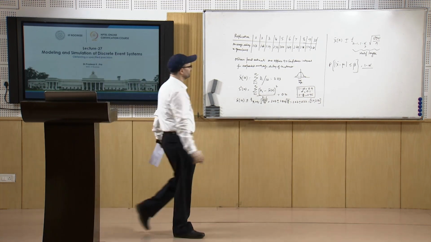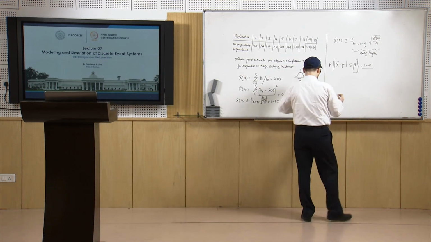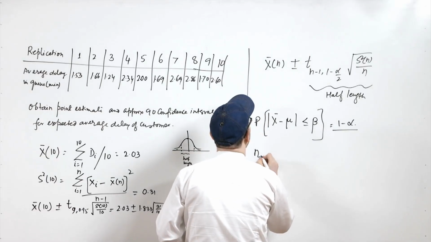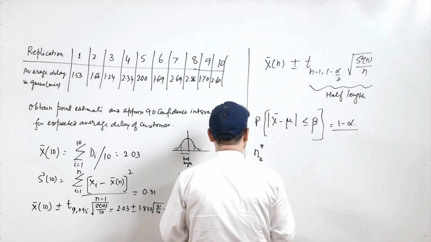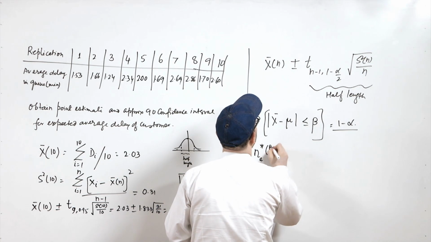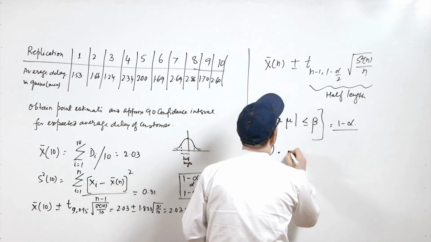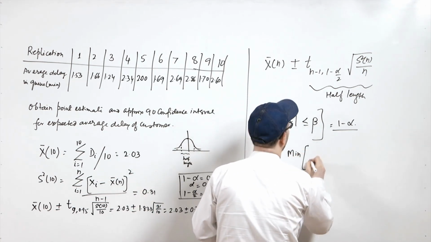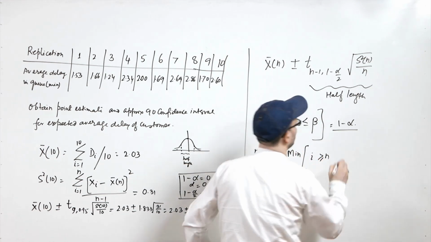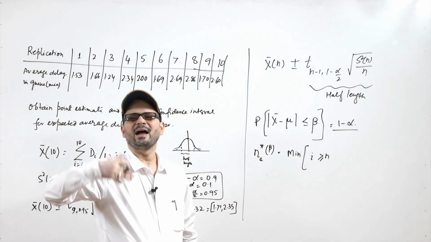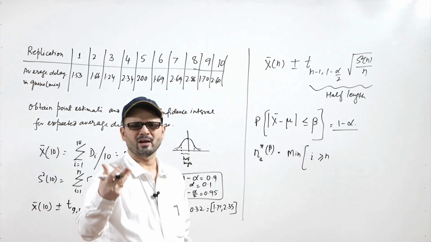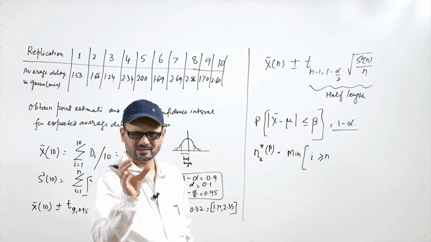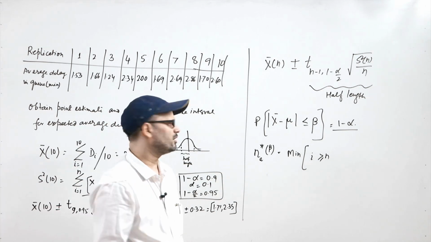So, ultimately you are going to have the number of runs for a specified beta, and it should be the minimum of that run I which is more than or equal to n. You have already run for I; after that, how long should you run so that the half length reduces to that particular value?